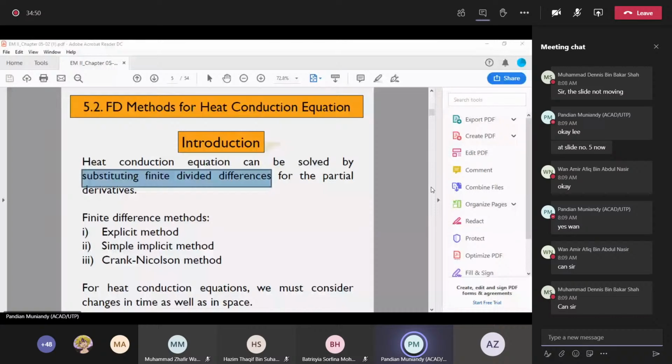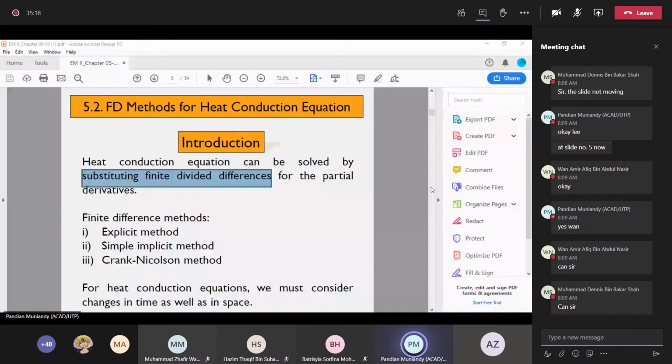We will see later. So explicit, simple implicit, and Crank-Nicolson are methods to solve the heat conduction equation in this session. But the heat conduction equation is one type. You saw there are 3 types: elliptic, parabolic, hyperbolic.